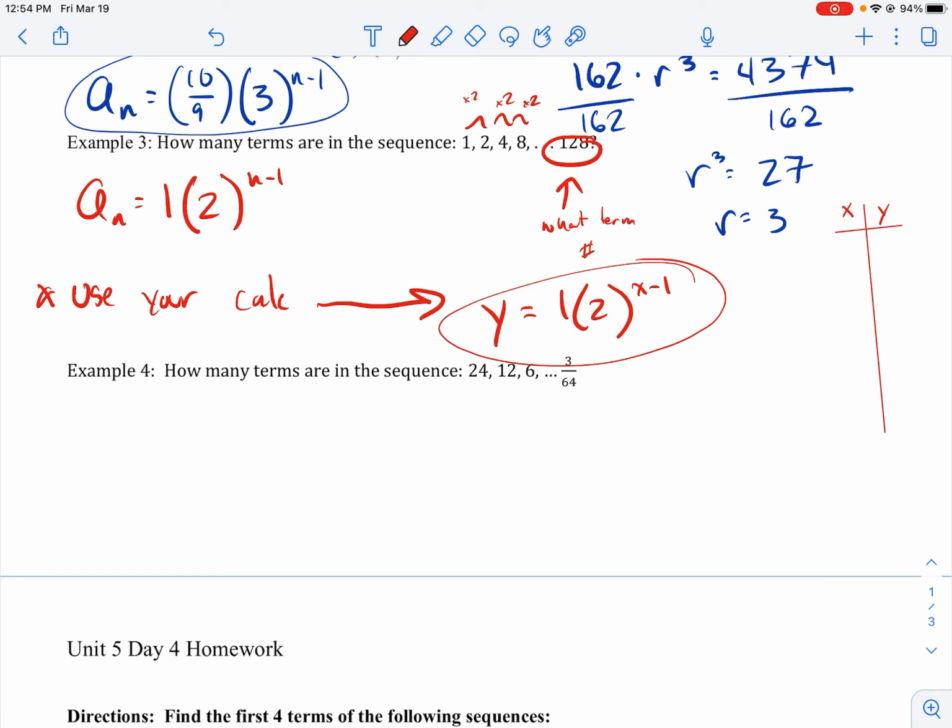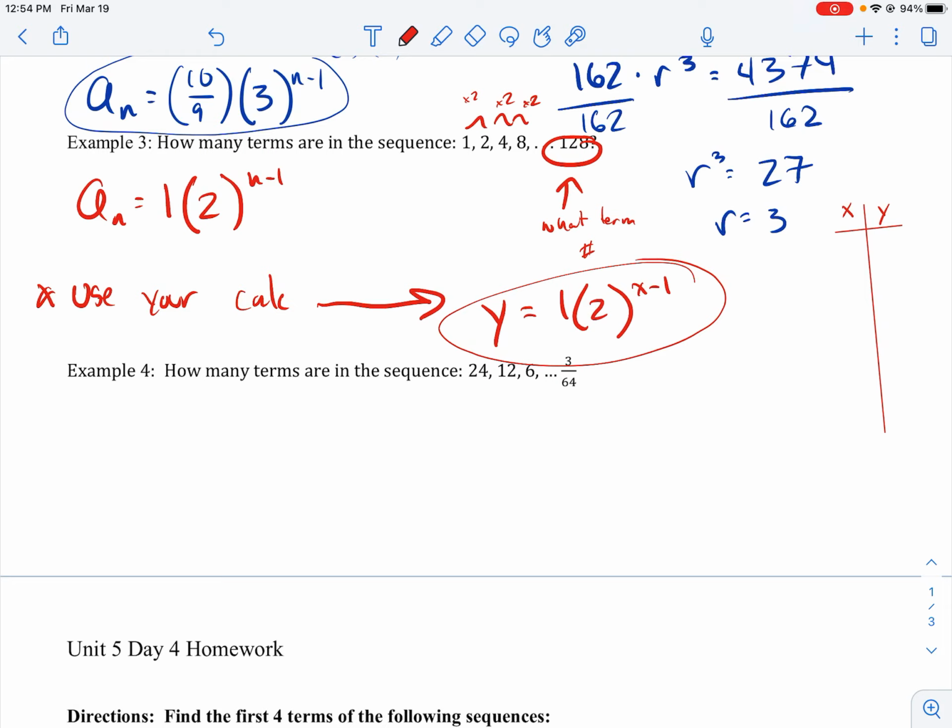All right. And so what are those? Well, let's plug it into the y equals first. So 1 times 2 raised to the, in parentheses, x minus 1. And when you go to your table, these are the values you should see.